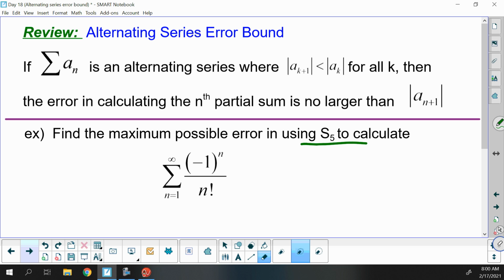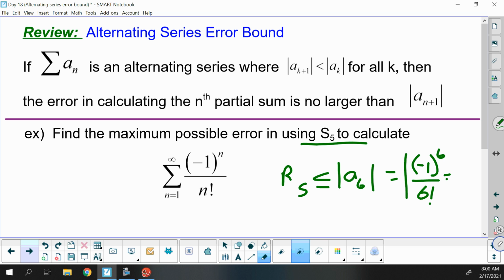If we want to find our error of S5, our fifth remainder is going to be less than or equal to the absolute value of our sixth term. So that's just the absolute value of -1 to the sixth over 6 factorial, which is the same as 1 over 720. So this is saying if you do the fifth partial sum, we know you're going to be within 1 over 720 of the infinite sum, the sum of the series.